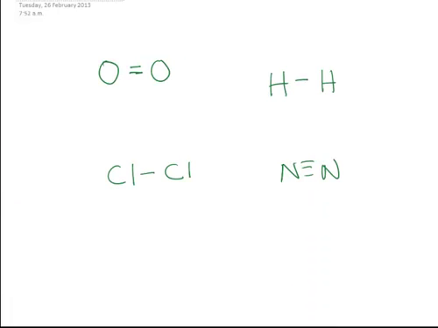Now, when we look at these molecules, this is supposed to be O2, H2, N2, and Cl2. Now, in each of these cases, the O is exactly the same as the O, obviously. So the attraction that they have for these electrons in the shared bond in the middle is going to be exactly the same.